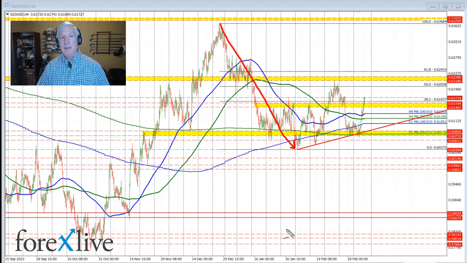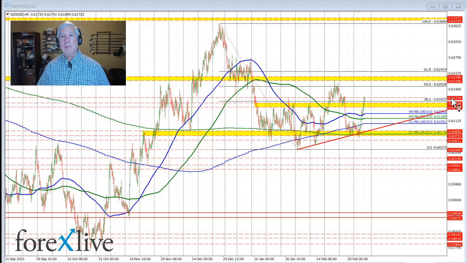That is something I always like to look for. We had been below that level right through here, but this time we did break above it, and we're trying to stay above it in trading. That's going to be the barometer for the new trading day. As long as we can stay above the 38.2% retracement, the bias remains to the upside for this currency pair.